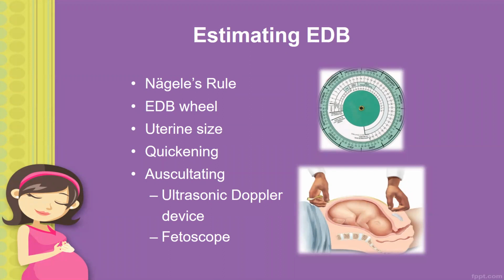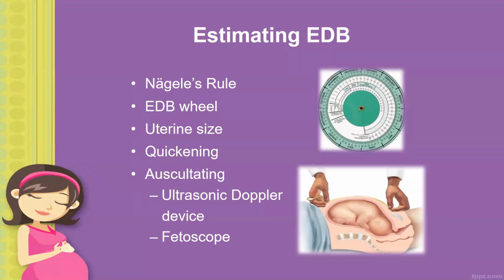Nagel's rule, remember, uses a generalized number of 280 days, assuming that's the gestational age of everybody. We have to remember that not everybody's cycles are the same. Some last longer, so actual LMP dates may be off a little bit. This is a good way to get a quick estimated date of delivery, but it will not be precise.